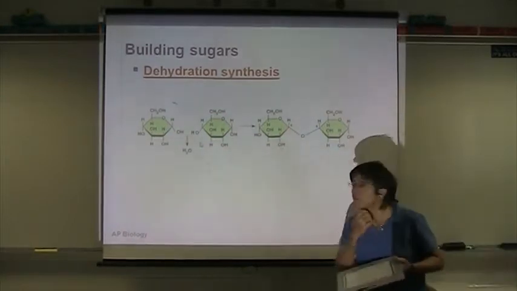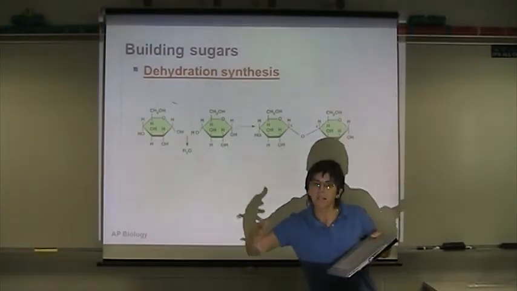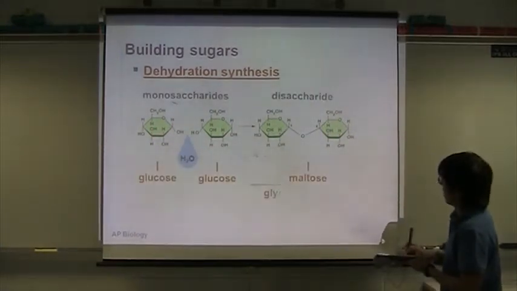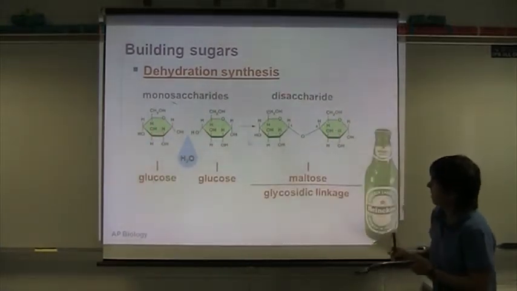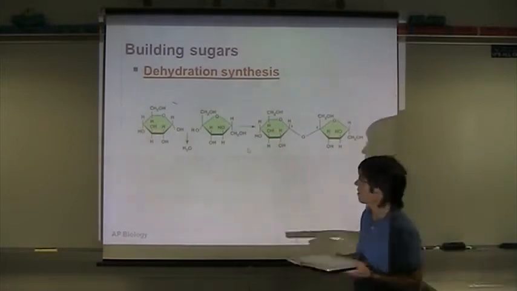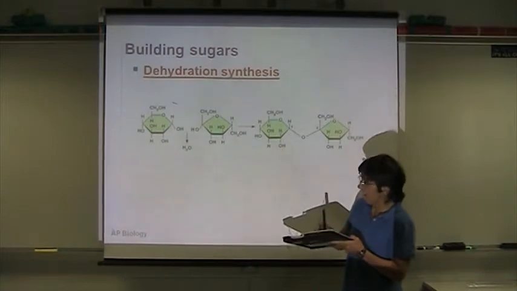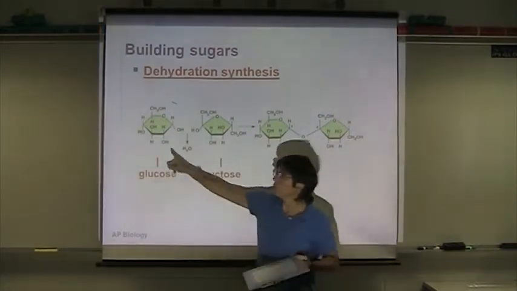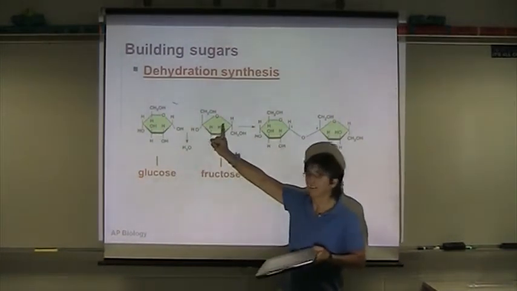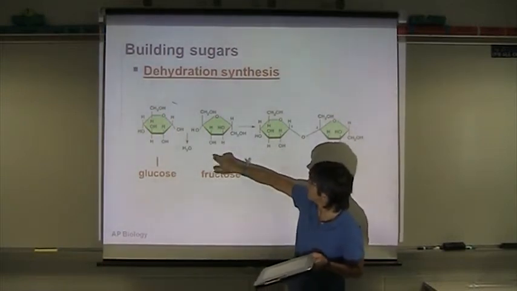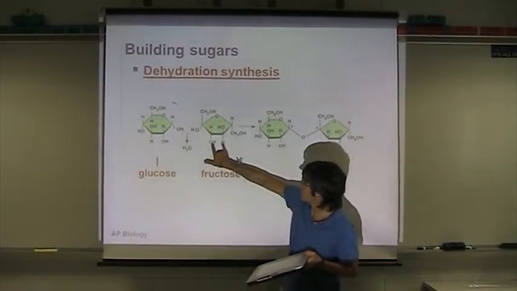So again, just to review, if you're going to build molecules, I'm going to skip the first one here and go to the second one. 2 carbohydrates there. This is glucose. This is fructose. They look very similar. The only difference is down here.